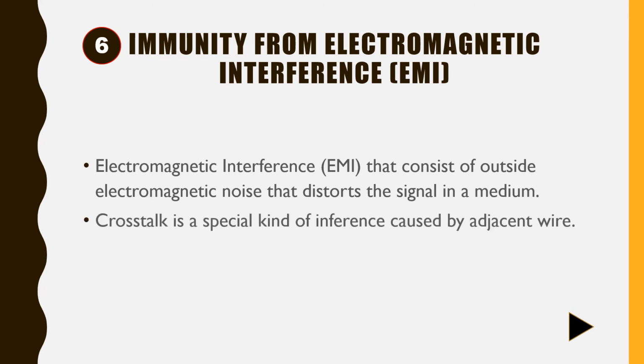Now, because of this electromagnetic interference, that is the outside electromagnetic noise, the crosstalk effect is generated. What is the crosstalk effect? Crosstalk is a special kind of interference caused by adjacent wires. Because of this crosstalk effect, in our home wiring the wires are twisted with each other.